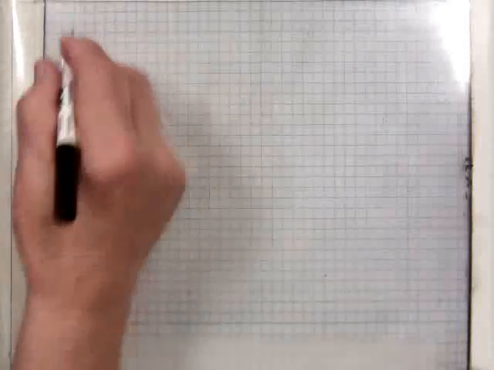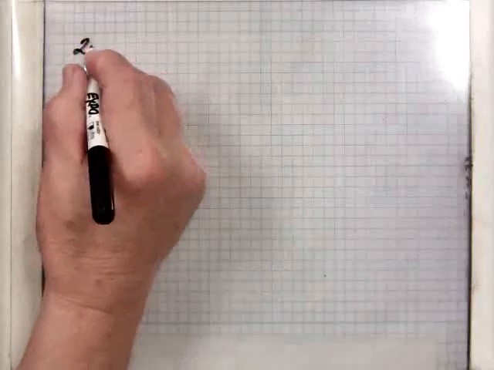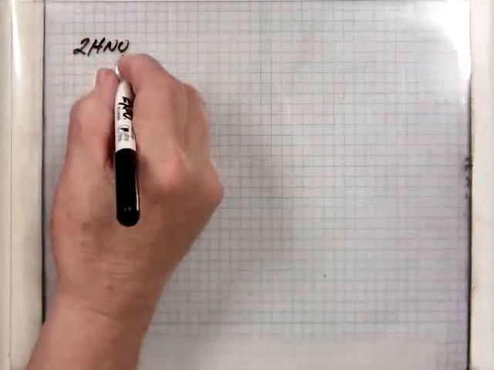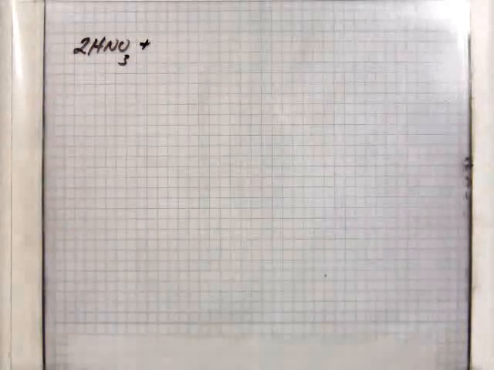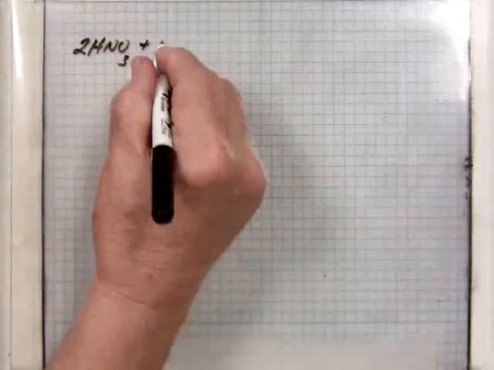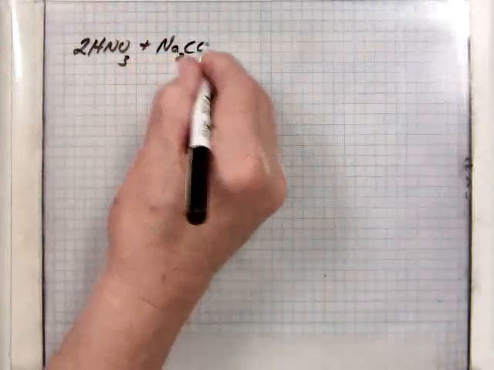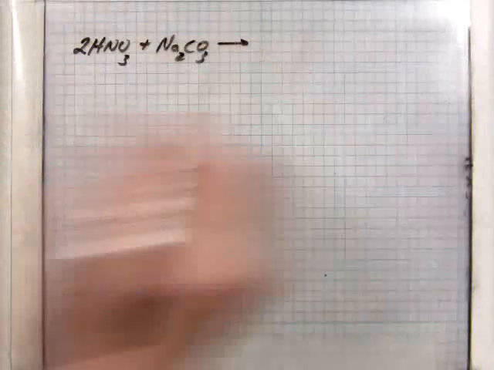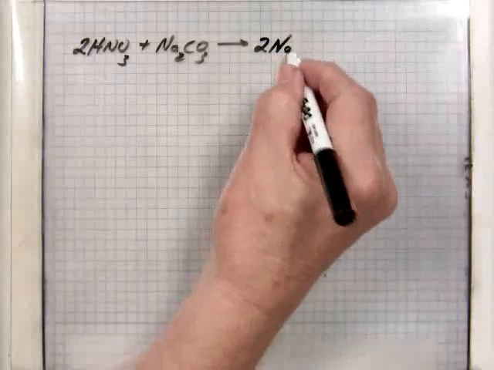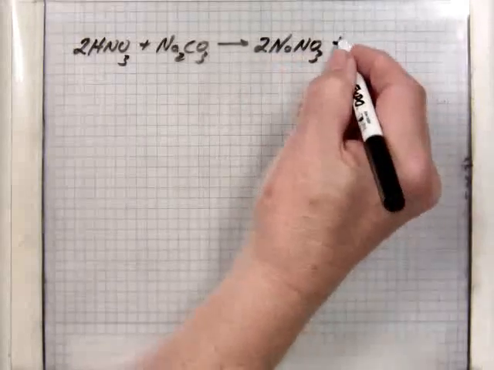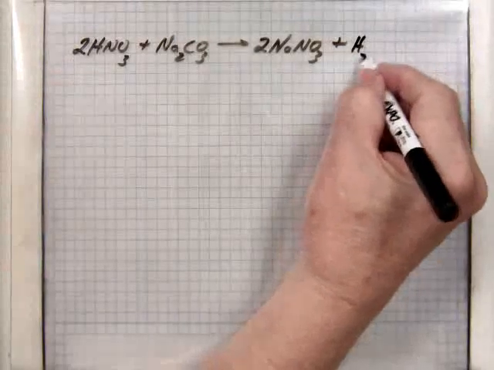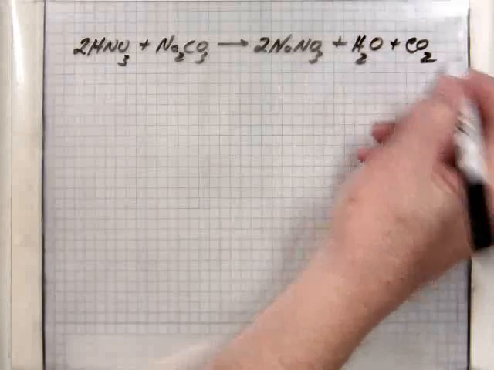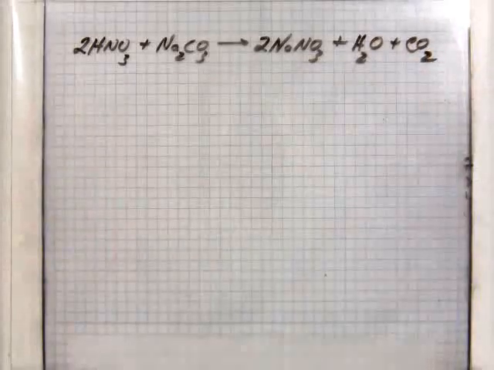Here's your equation: 2HNO3, I'm going to leave the aqueous off, it's all in water, plus sodium carbonate, and that goes to sodium nitrate plus water and CO2. Like this. Okay?